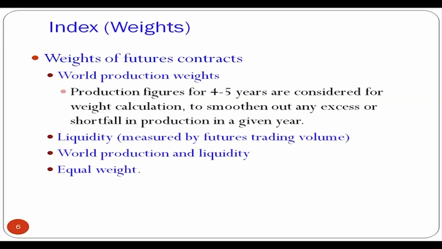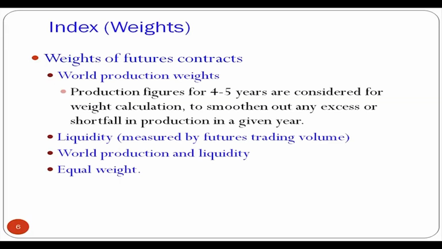However, RISI considers commodity futures contracts traded at 9 different exchanges, and these contracts are also priced in currencies other than the dollar. So all these have to be decided by the index advisory committee.